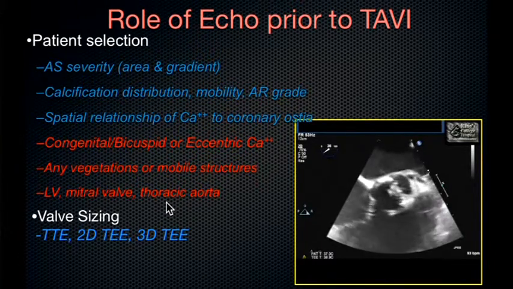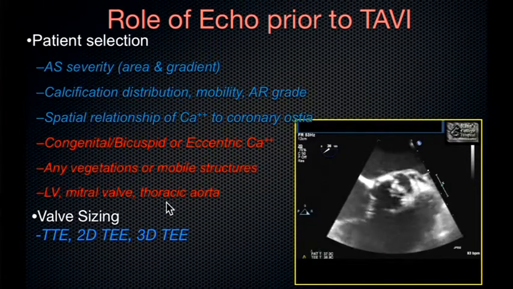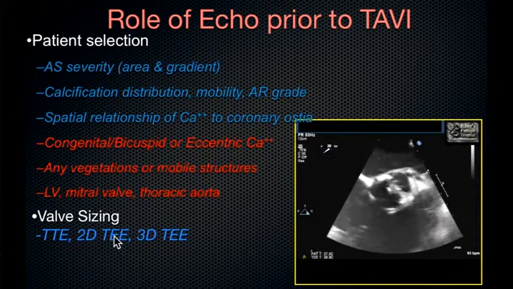And finally, we'll use echocardiography to assist us with valve sizing. Now, this will be discussed in more detail later on this DVD, in particular the relative benefits of using echo in comparison with CT. But from an echo point of view, we have a number of different techniques we can use. We can start off using transthoracic echo, but as we'll discuss later on, transesophageal echo is always going to be superior.